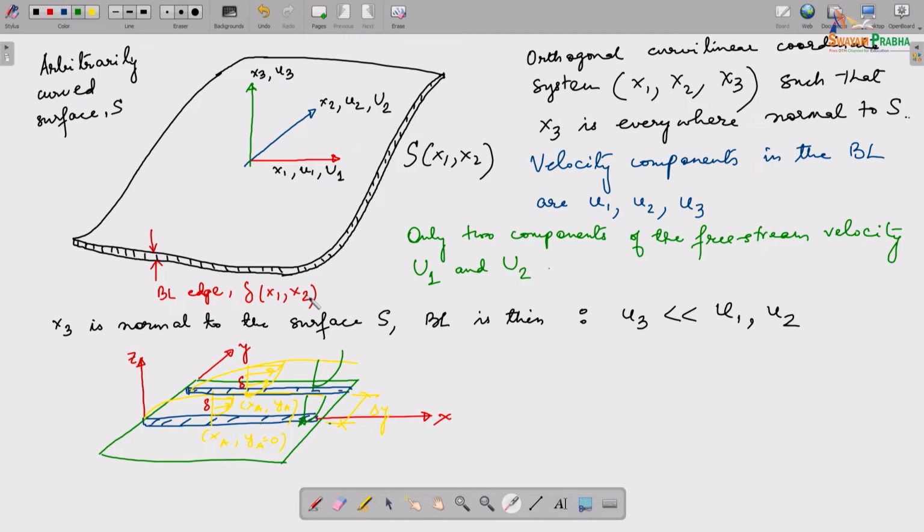Now the point is the boundary layer is thin. The thickness is thin, and x3 is normal to the surface.